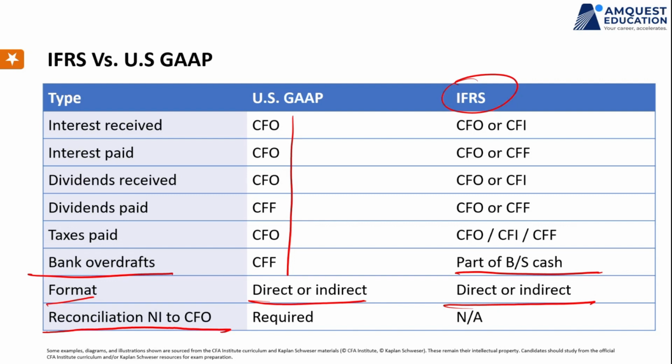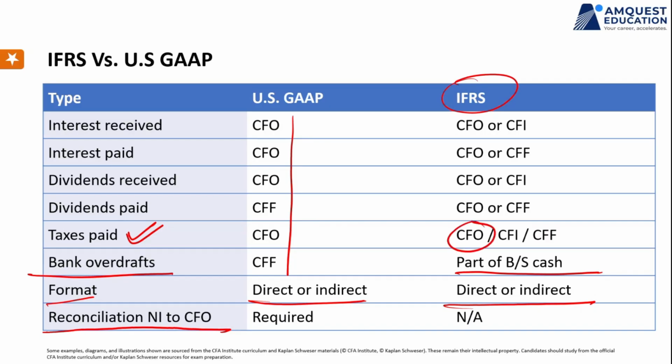And I think one easy way to remember is that IFRS offers some flexibility in terms of where you classify things, for example, taxes. Now, why does IFRS say this? So IFRS's thought process on taxes paid is: if you are paying taxes related to the business operations, put it in operating cash flow.